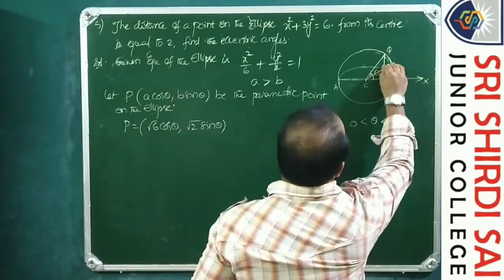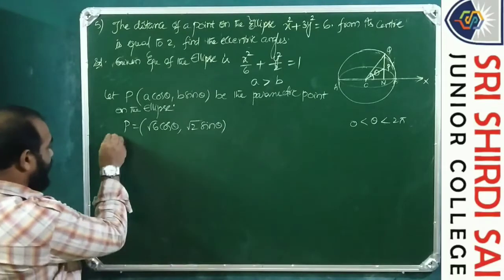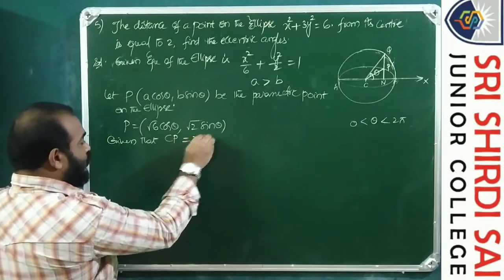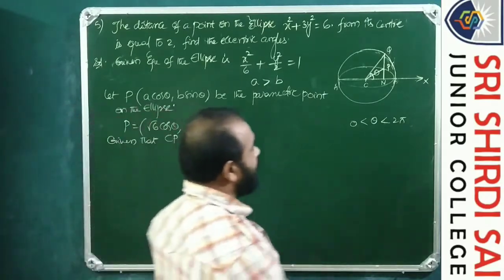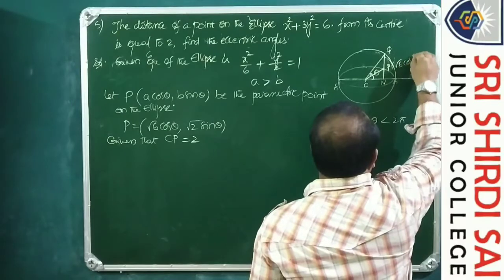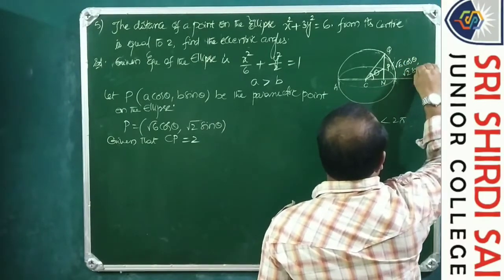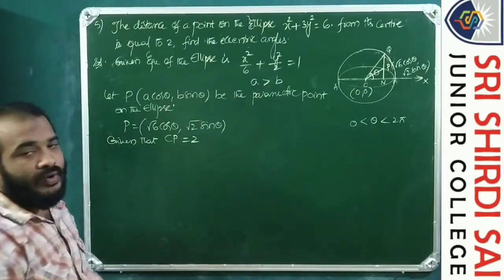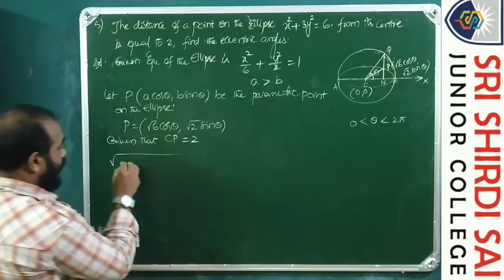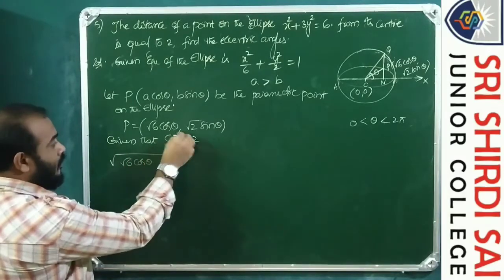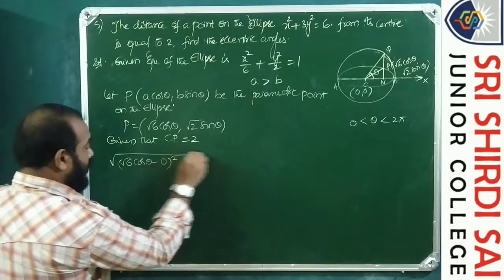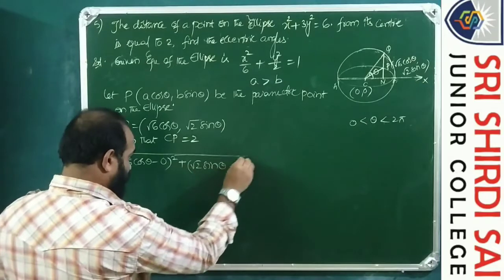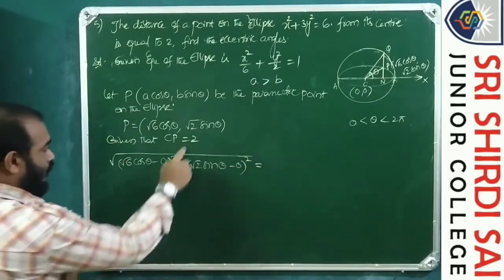This CP is given as CP equals 2. CP is, this is root 6 cos theta and root 2 sin theta, and C is 0, 0. So by the distance formula, square root of root 6 cos theta minus 0 whole square plus root 2 sin theta minus 0 whole square is equal to 2.